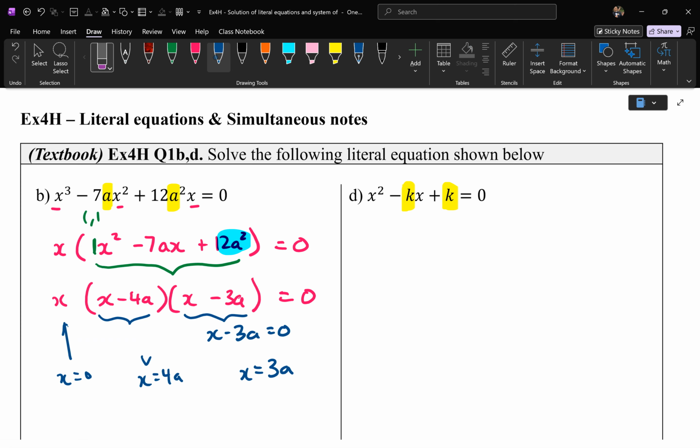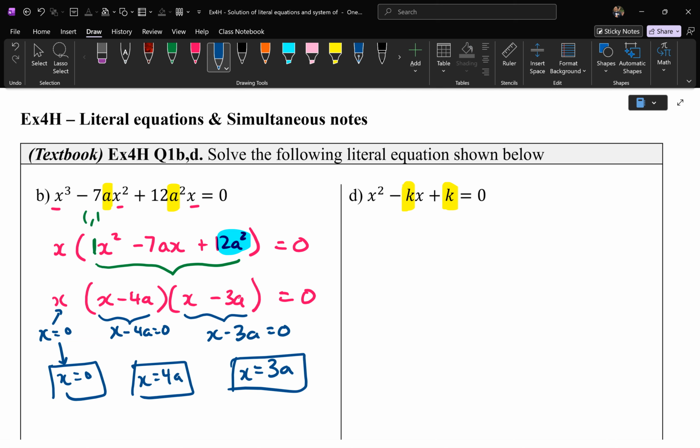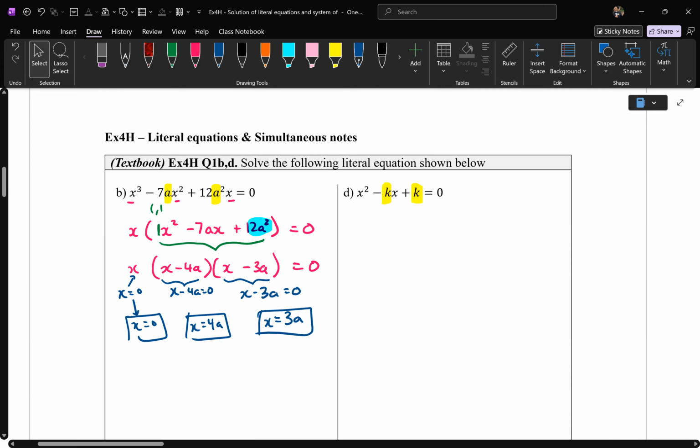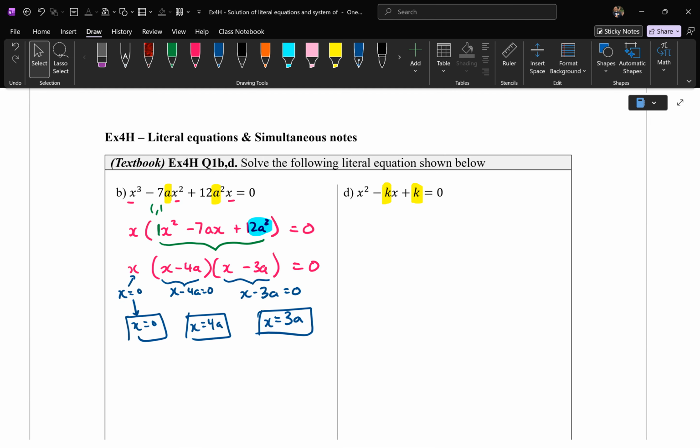So you have to solve for x minus 4a equals 0, and also solve for x equals 0. If you solved it using linear equations, that's how I got x equals 4a and x equals 3a. So far, so good. So that is solving literal equations, because I've solved for x, but I just don't know what a is. But once I know what a is, I will know what x is.